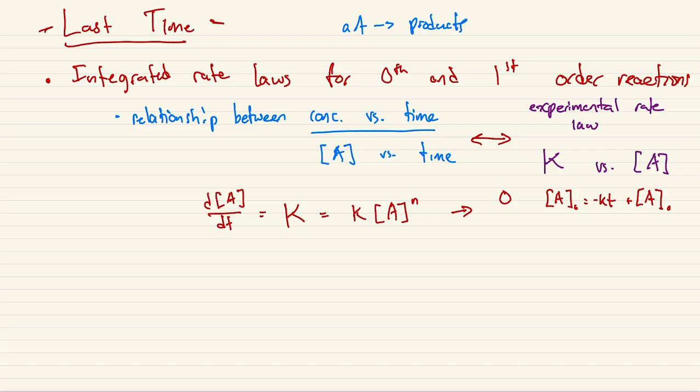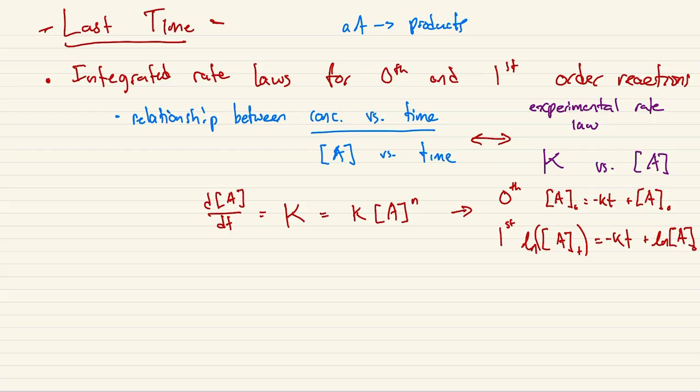And for a first order reaction, the natural log of the concentration at time t is equal to minus the rate constant times the time plus the natural log of the initial concentration. All right, so those are our two integrated rate laws that we went over.